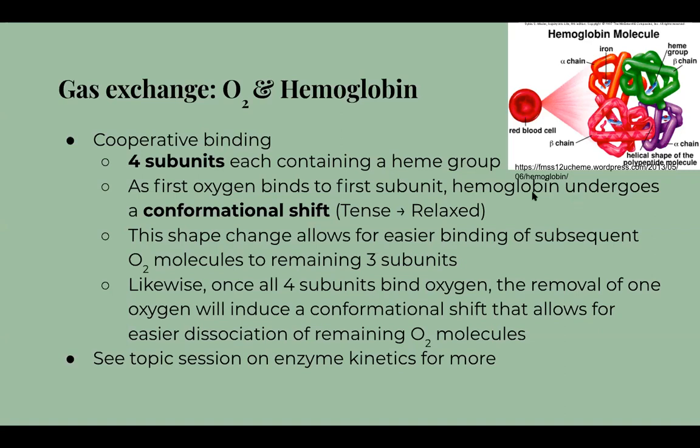So when the first oxygen leaves, there's again a conformational change that makes it easier for the latter oxygen molecules to leave. And we also did a topic session on enzyme kinetics, which talks about this in a little more detail if you want to check that out.